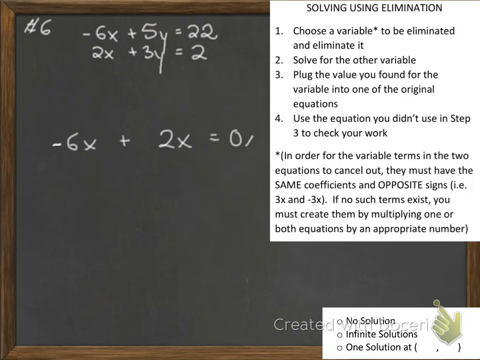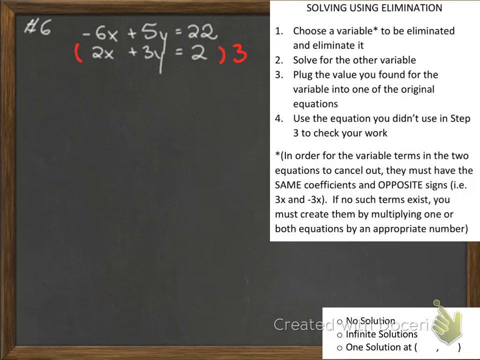So right now I'm going to take negative 6x and 2x, and remember I want to add them together and make them 0. Okay, so if I multiply this by 3, that would give me negative 6x plus 6x, and of course they would cancel out and give me 0x. So that means that this whole second equation is going to need to be multiplied by 3.